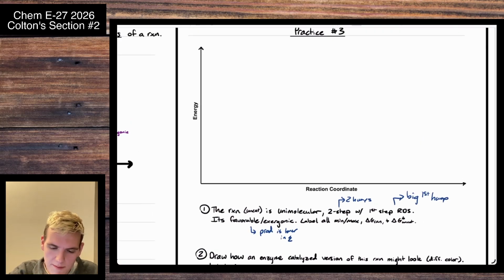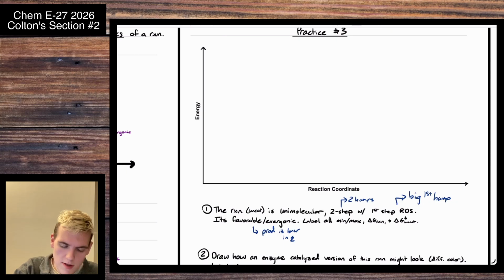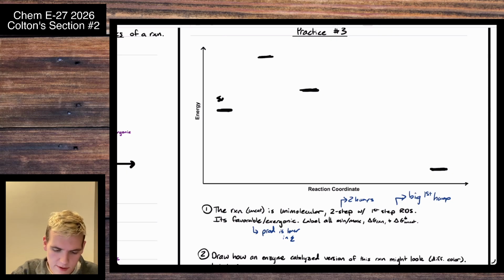So I'm going to do that pretty quickly here. So we need to go from our starting material to our product. Our product needs to be lower in energy, so I'm going to put the product over here, lower in energy. Then we need to have a big first hump. So I'm going to make maybe a big peak here, and then we get to an intermediate. So I'm going to go ahead and start labeling these. So this is our starting material.